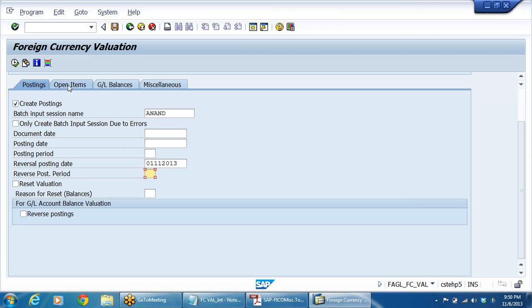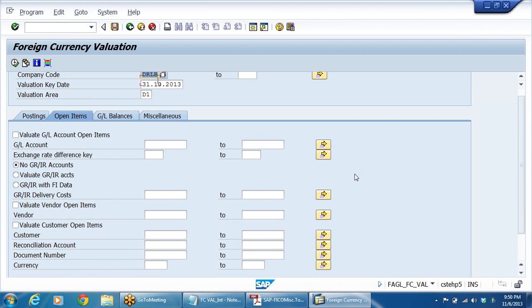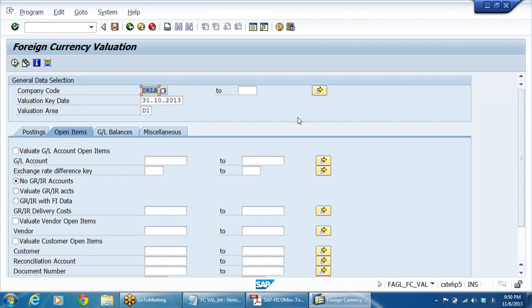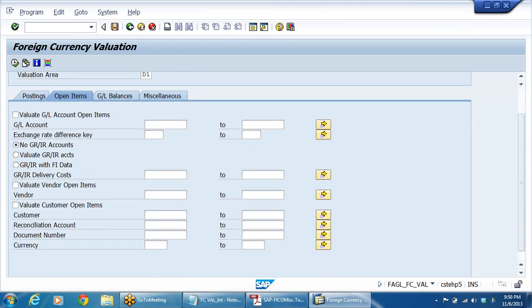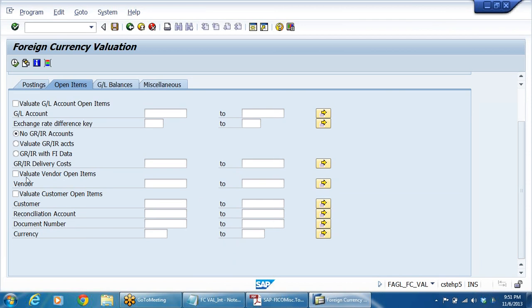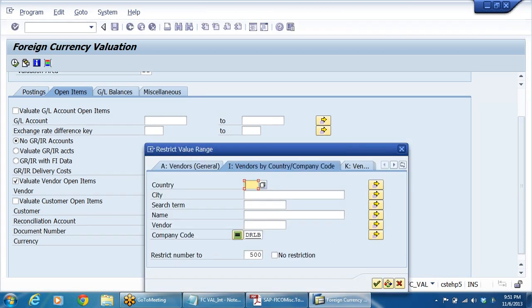Now open items. Right, open items. So we are going to evaluate the open items. Evaluate vendor open items. Vendor number.